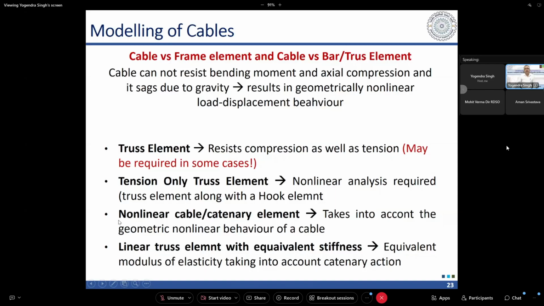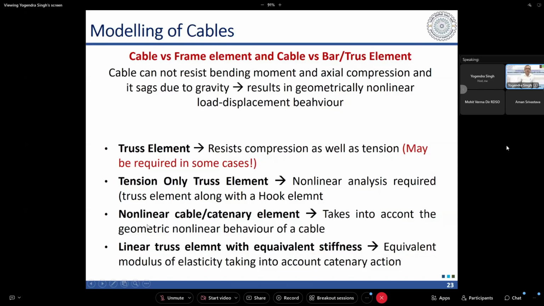Then we have a nonlinear cable or catenary element. This is the most accurate element, which takes into account both effects. It takes into account the tension-only behavior. At the same time, it also takes into account the catenary behavior of the cable, and it is a nonlinear element. It will require a nonlinear analysis because the shape of the catenary will change at every step of the loading.